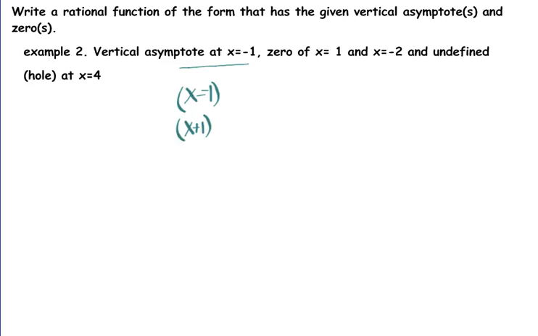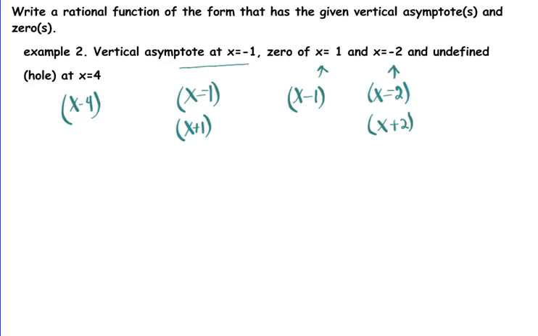A zero at 1, so this is x minus 1. And another one at negative 2, so this is x minus negative 2, or x plus 2. And I have a hole at 4, so this is x minus 4.